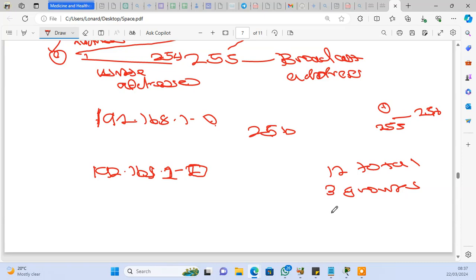So if I want 3 groups, how many in each group? I need maybe like 5 members. So I will count 1, 2, 3, 4, 5. This is a group. So per group, I expect that each group here, I will have 5. Now I'm dividing this.